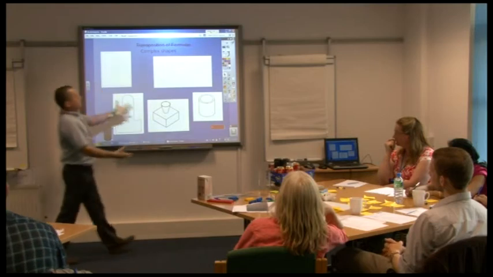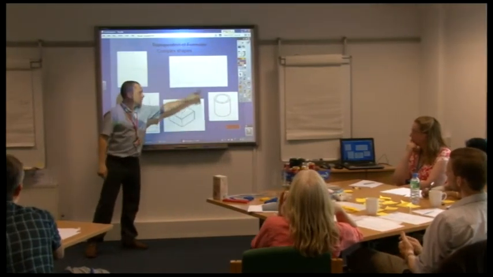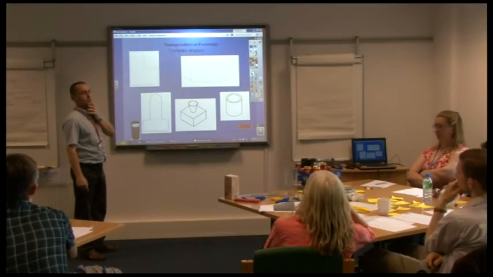But at the end of the day, you've got to get them to complex shapes. Level 2 says they've got to do a complex shape. Level 3 says they've got to do the surface area and volume of 3 complex shapes.